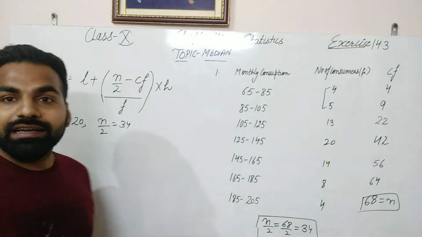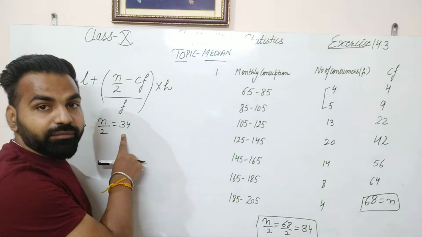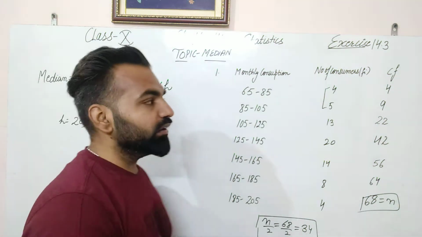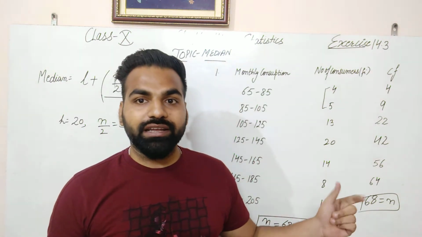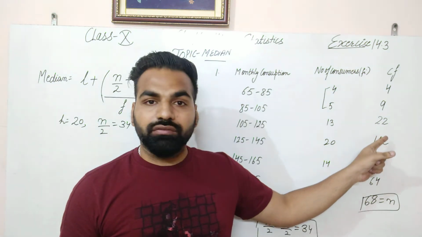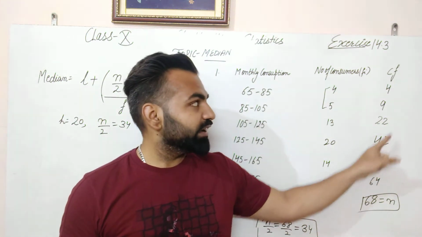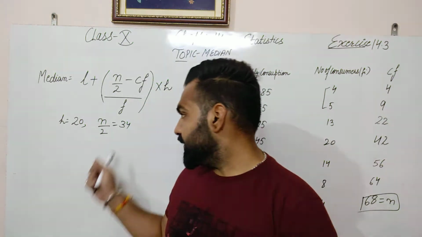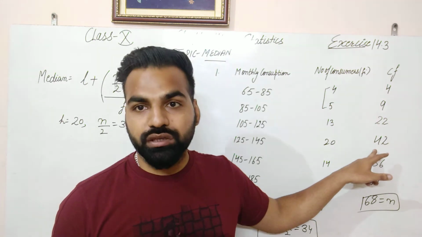Now we have to find the median class. What will be the median class? See the value of n by 2. n by 2 is 34 here. The CF which is greater than 34 and nearest to 34. We can see the value here, that is 42. 42 is the value of CF which is greater than the value of n by 2, that is 34, and this is closest to 34.